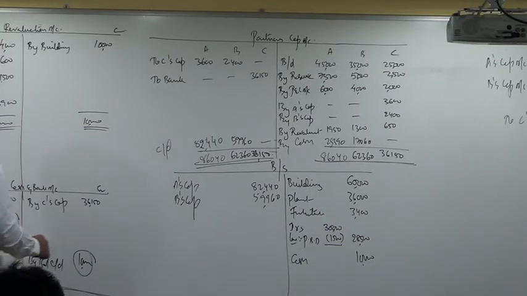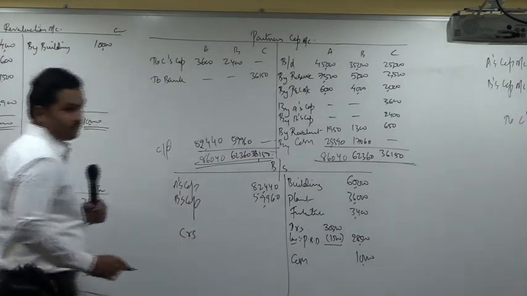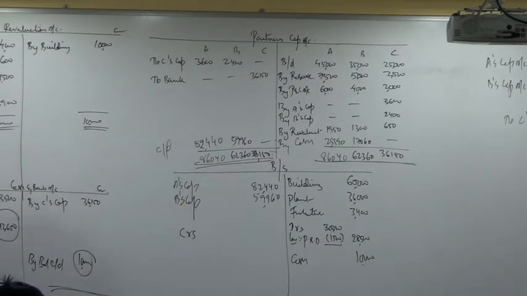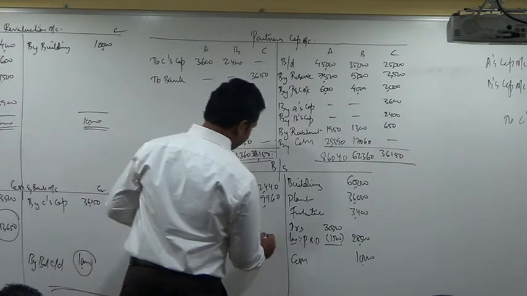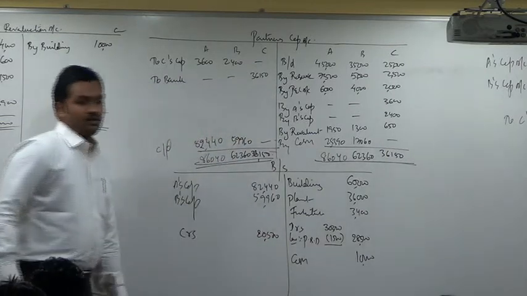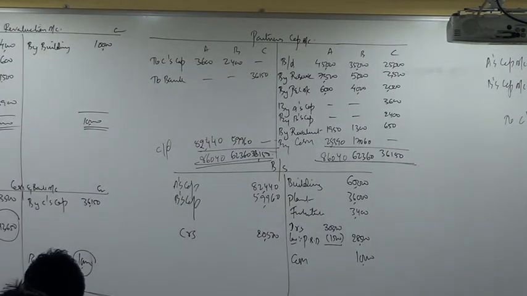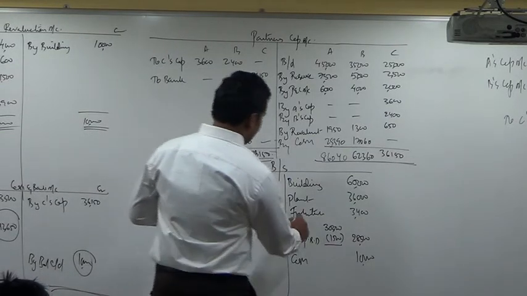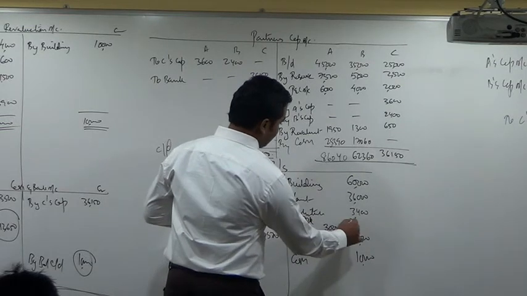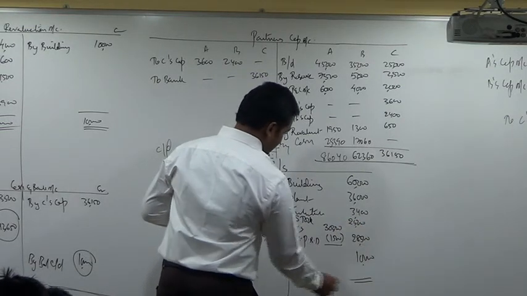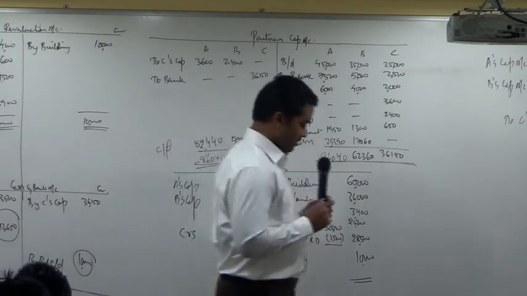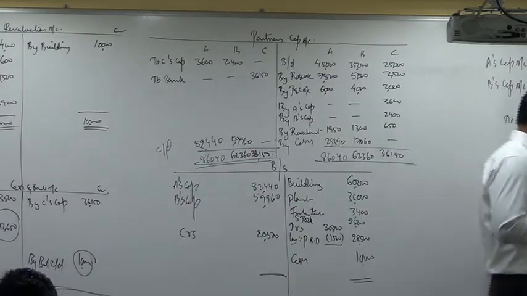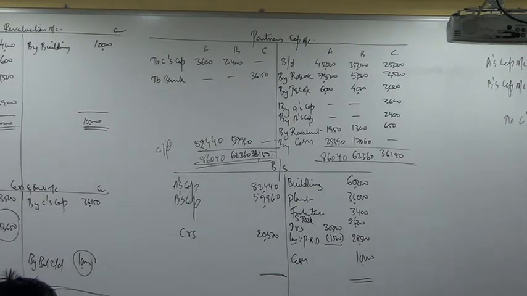Creditors 20,500. Which account have I left on the asset side? Stock, I think. Stock 25,000. See the balance sheet, is it tallying? Yes, sir. 1,62,900.